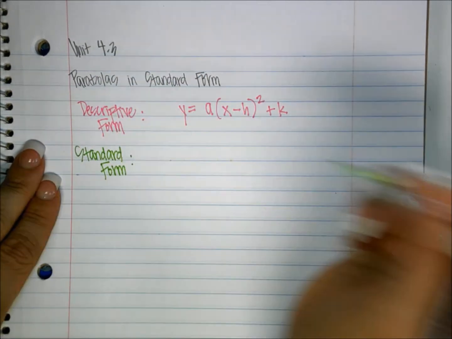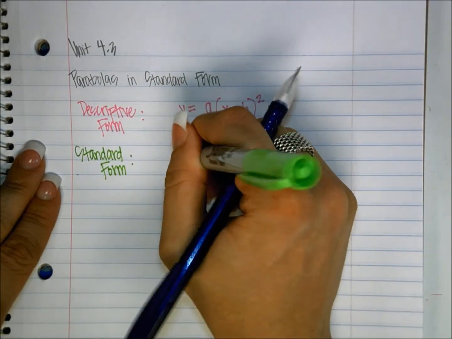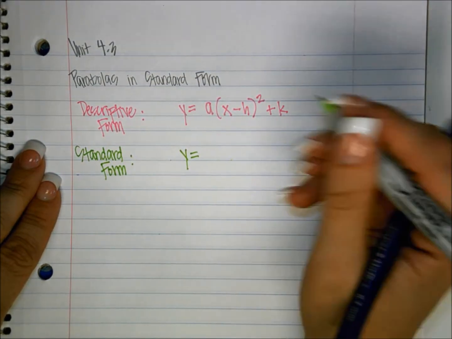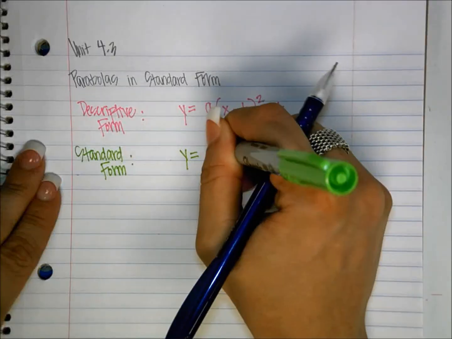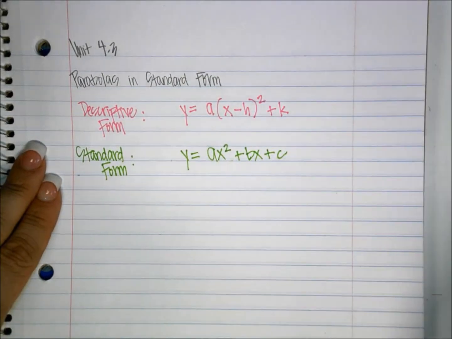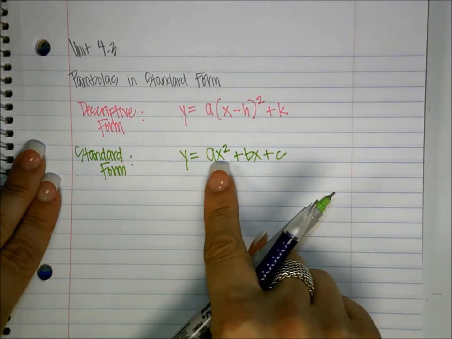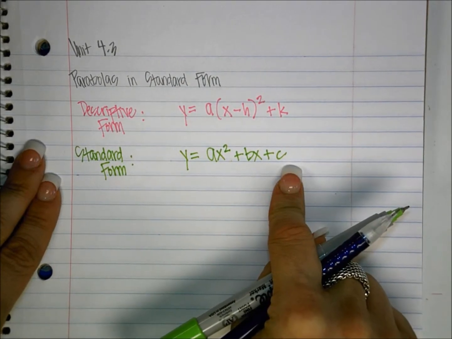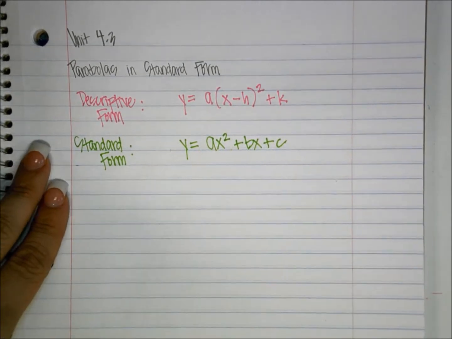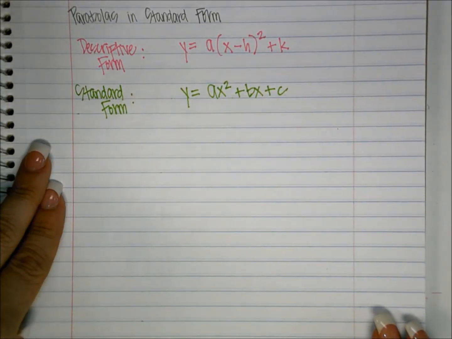And standard form parabolas look exactly like a quadratic equation, but they have a y equals first. So y equals ax squared plus bx plus c. So you've seen this before with the quadratic formula. Okay, and we solved quadratic equations earlier this week.